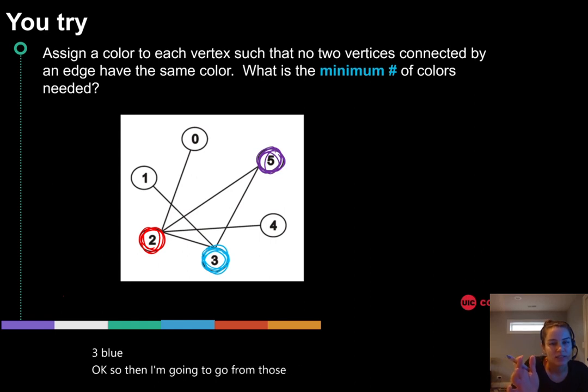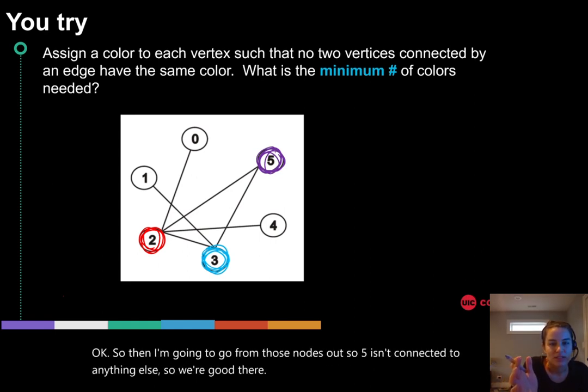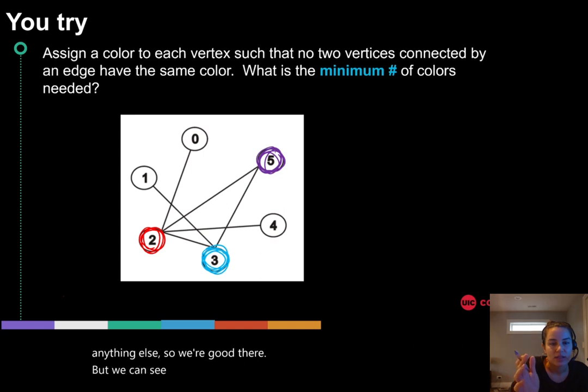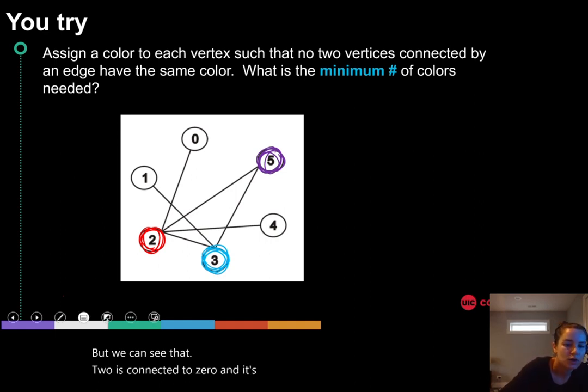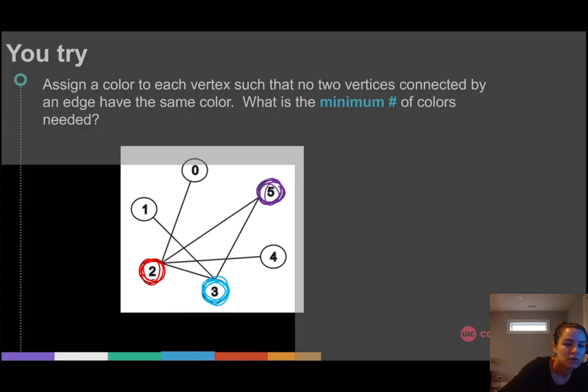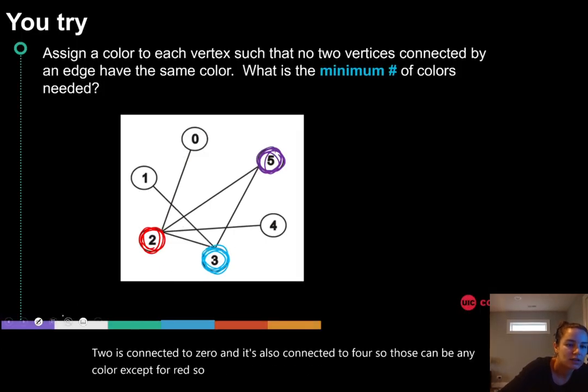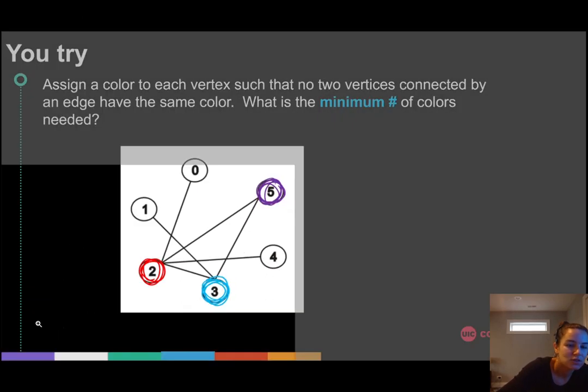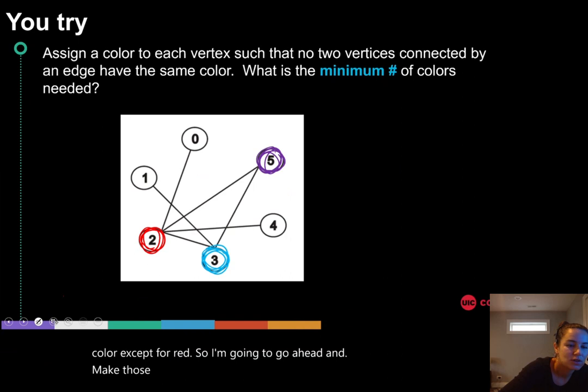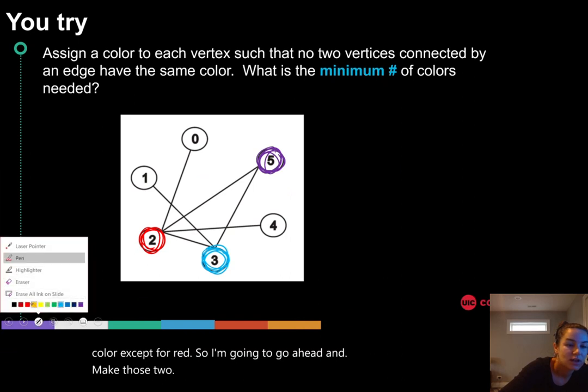So 5 isn't connected to anything else, so we're good there. But we can see that the 2 is connected to 0, and it's also connected to 4. So those can be any color except for red. So I'm going to go ahead and make those two a different color.